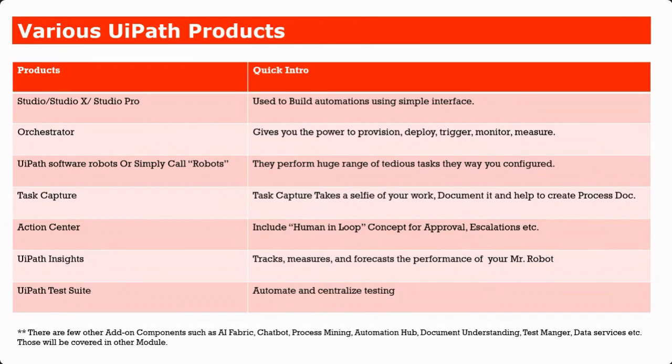UiPath also provides an Automation Hub, which is a portal where you can capture and record what automation you need to perform, right? So those things can be captured on the Automation Hub. It's basically a tool where you'll be receiving requests from all the enterprise users on what things need to be automated.